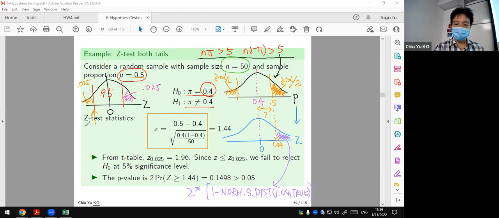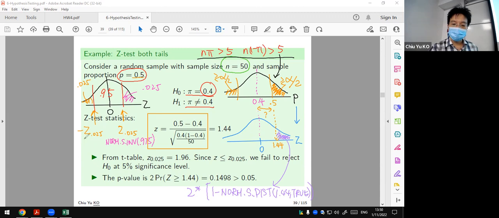And this value will be just Z of 0.975, sorry, which is norm.S.inv of 0.975.